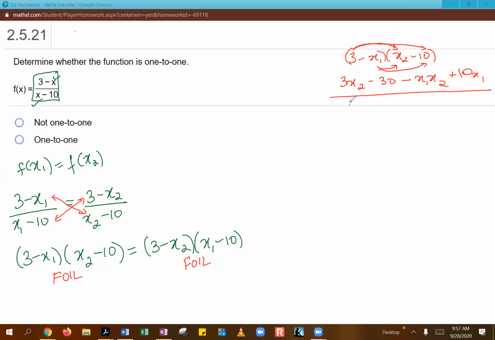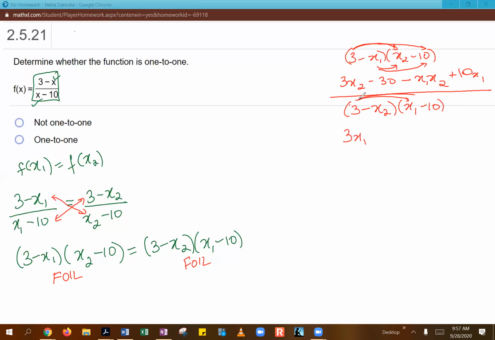While I'm here, let's go ahead and multiply the right-hand side also. So that's 3 minus x2 multiplied with x1 minus 10. And you will see it's going to be pretty similar to what we just did. So again, here we are doing 3 times x1 for the first terms.